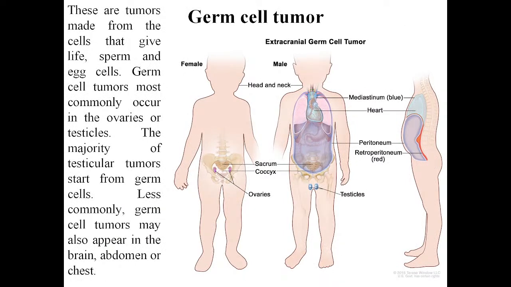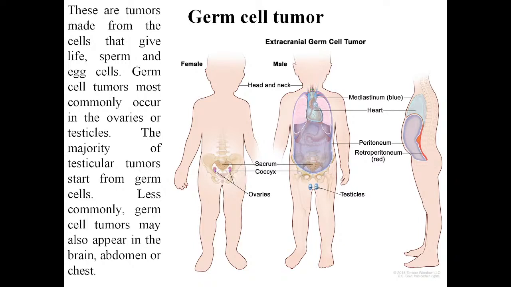The next type of malignant tumor is germ cell tumor. These are tumors made from the cells that give life, sperm and egg cells. Germ cell tumors most commonly occur in the ovaries or testicles.